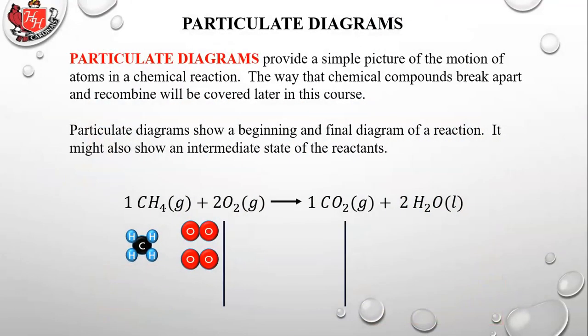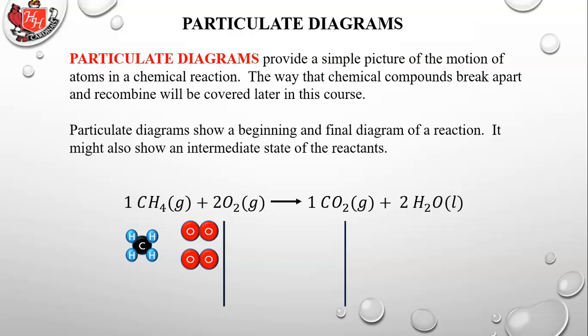So particulate diagrams provide a simple picture of the motion of atoms in a chemical reaction. The way that chemical compounds break apart and recombine will be covered later in this course. Particulate diagrams show a beginning and final diagram of a reaction. It might also show an intermediate state.